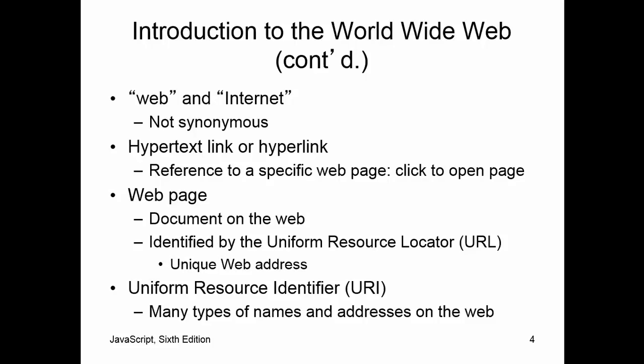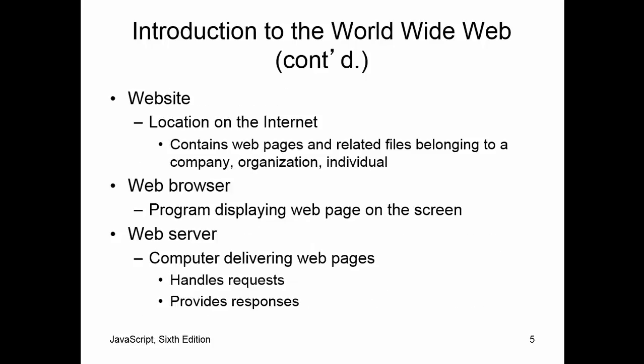That's a more generic term for things that are on the web. And again, the website refers to the location on the internet where one or more pages and related files lie. You display the page on a computer using a web browser. This should all be stuff that hopefully everybody already knows.